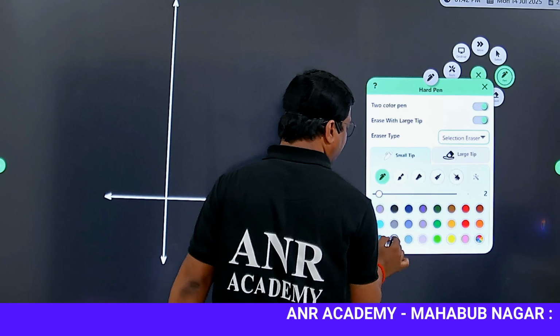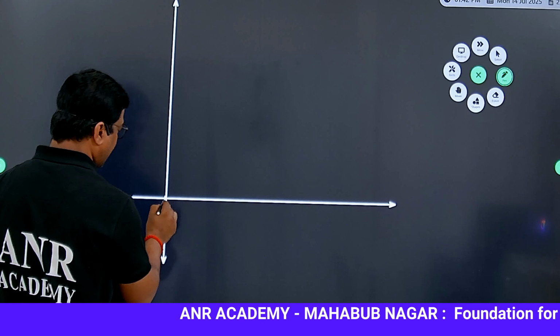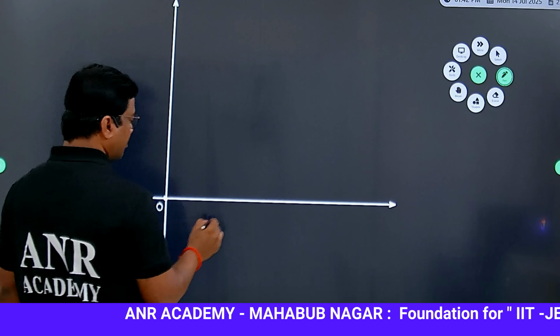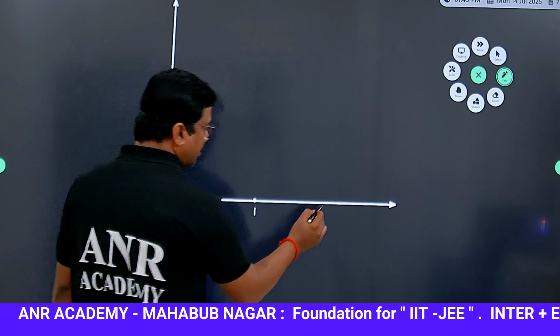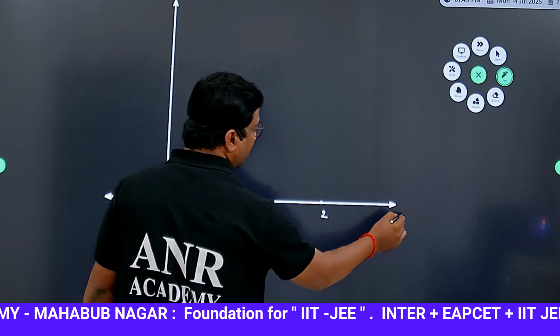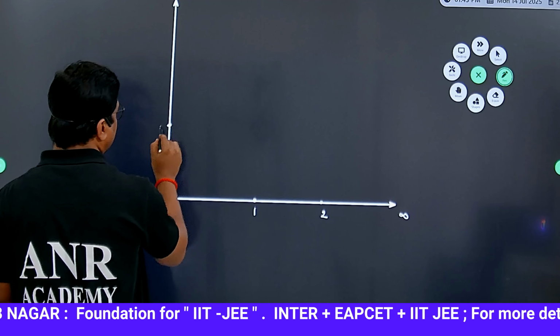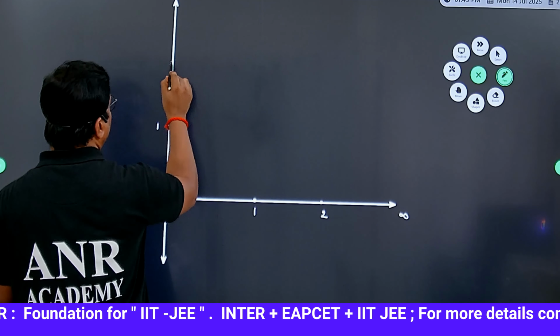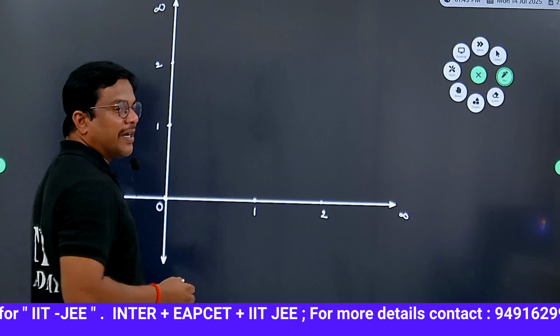So here I am going to mention, here it is 0, somewhere it is 1, 2 and so on up to infinity, and here on the y-axis, suppose 1, 2 and so on to infinity.